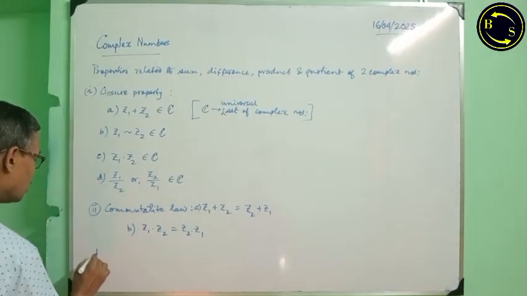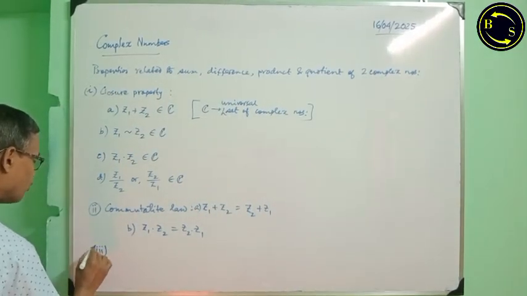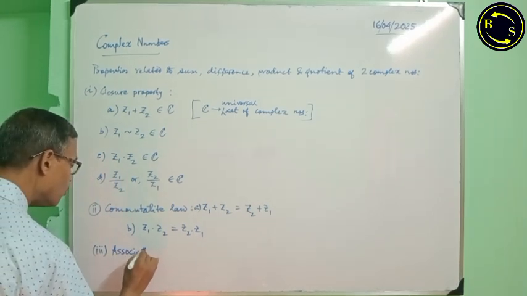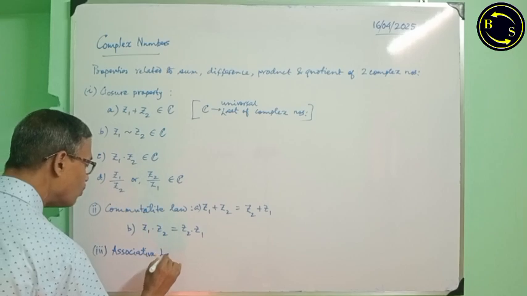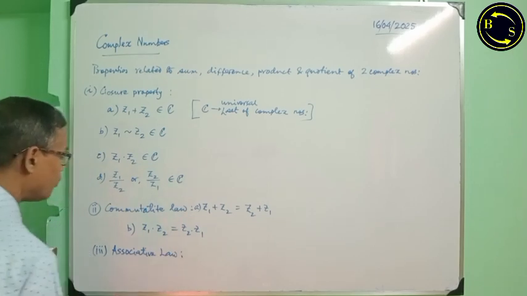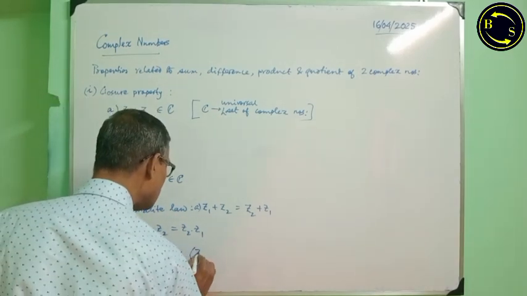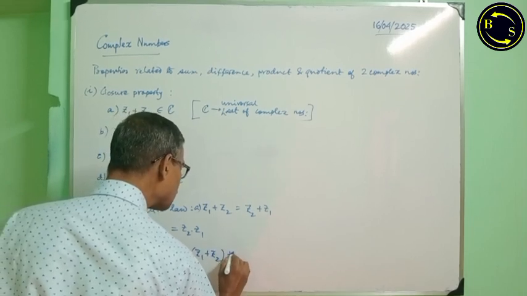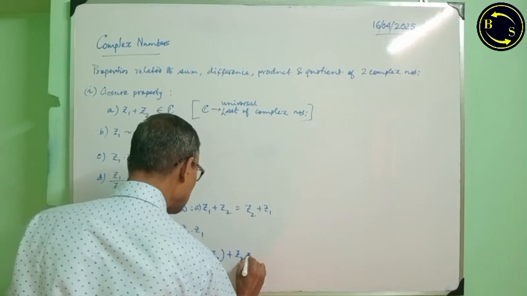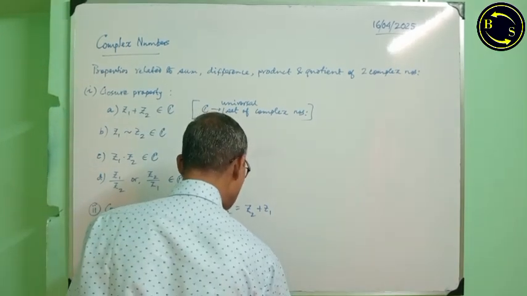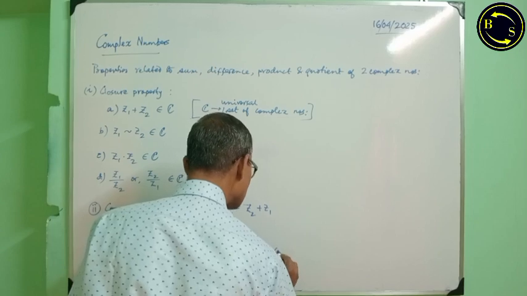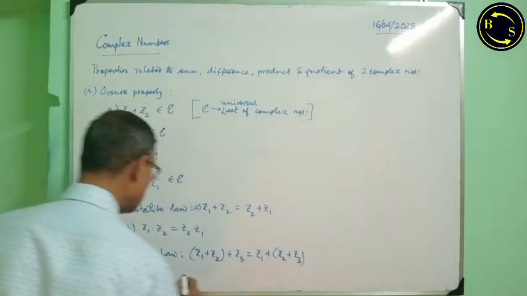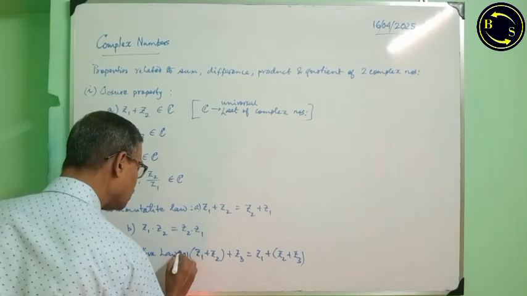Then associative law. Means Z1 plus Z2 plus Z3 will be equal to Z1 plus Z2 plus Z3 with the brackets grouped differently, in case of addition.